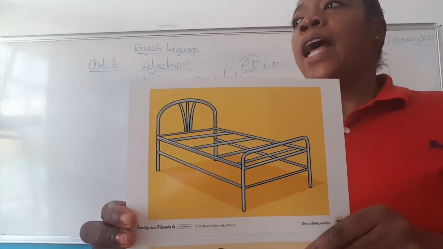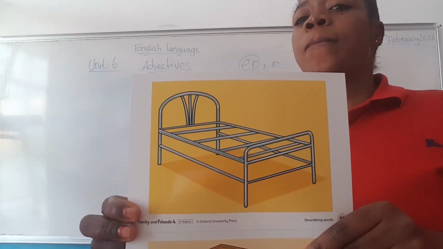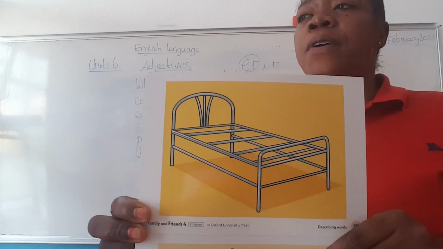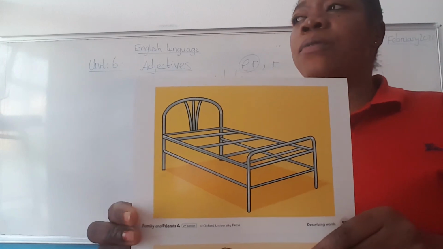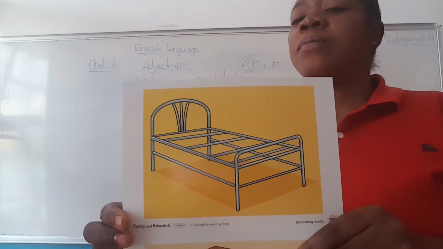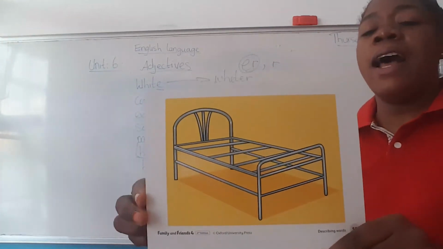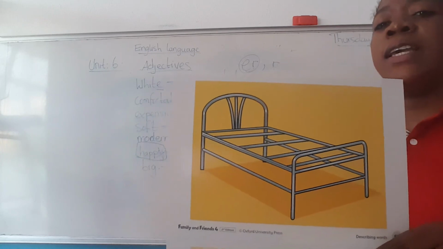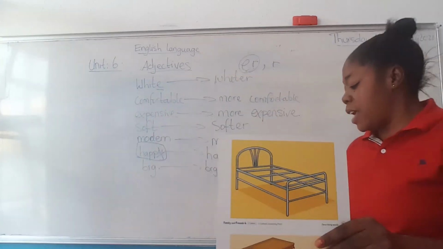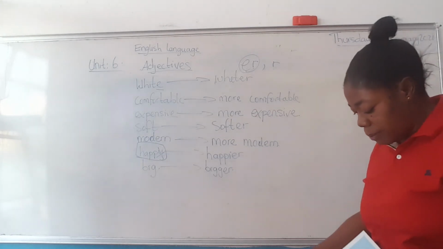Metal. Let's differentiate the bed. Is it an adjective, a verb, or a noun? Very good. Bed is a noun. It is not a verb. Very good. Clap for yourselves.